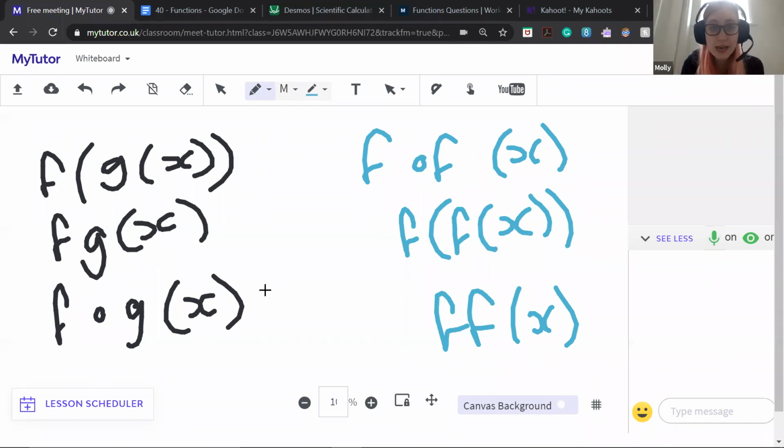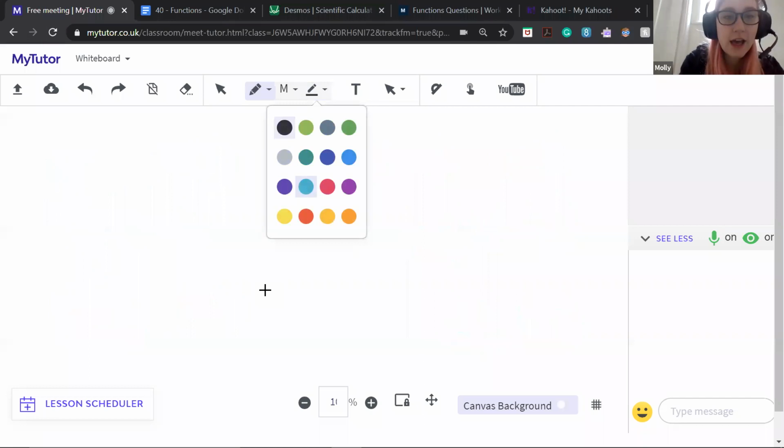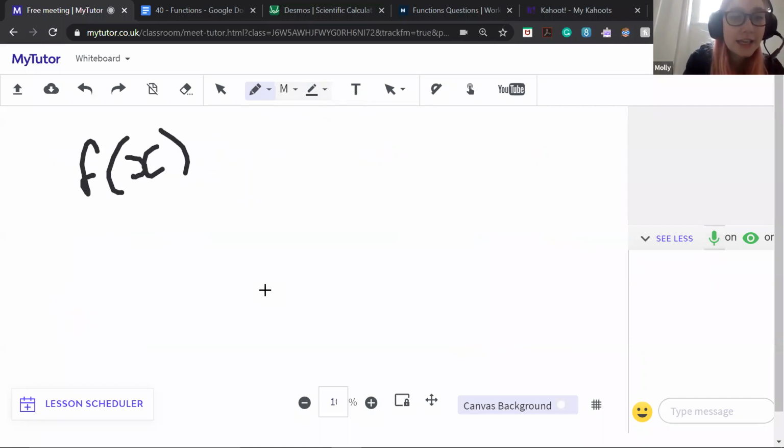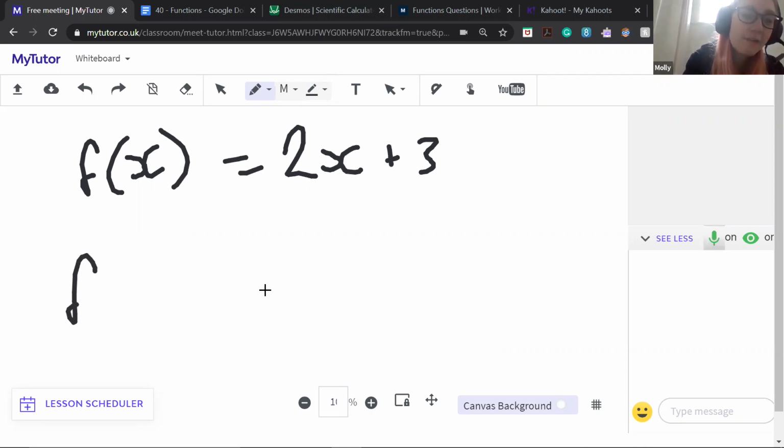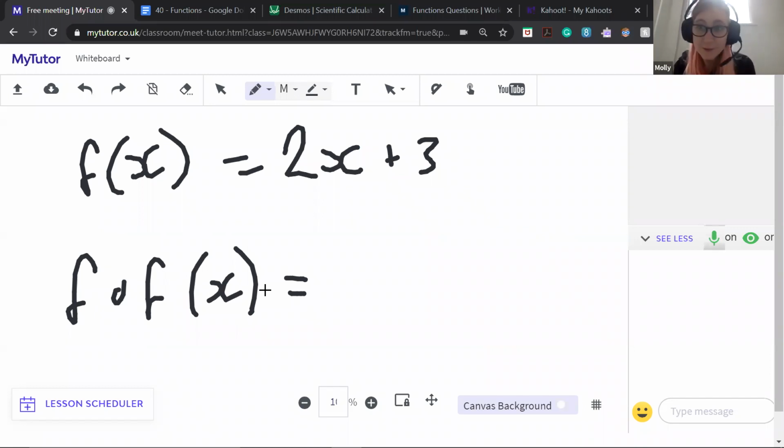So for example, we could have a question that says f of x is 2x plus 3. What is f applied to f of x? Give this one a go. If you're confused, don't worry, I'll explain it.